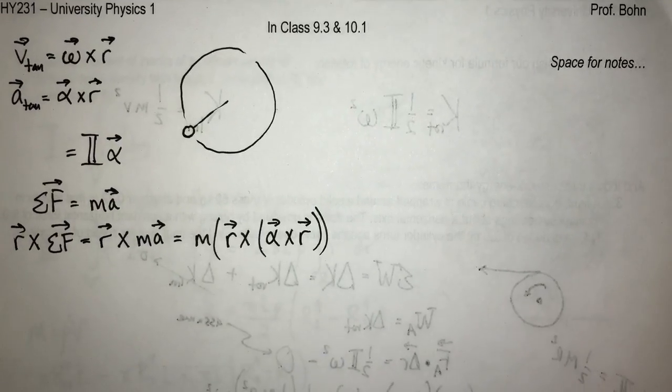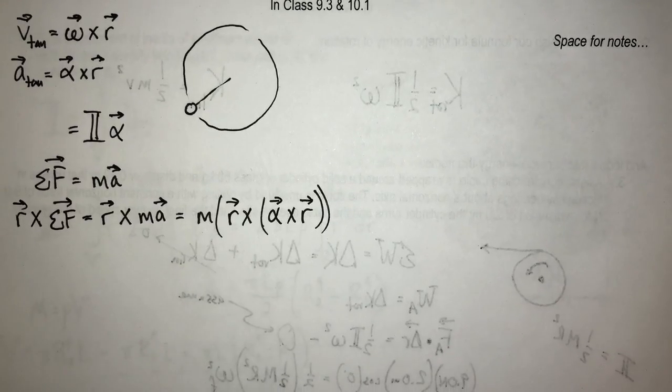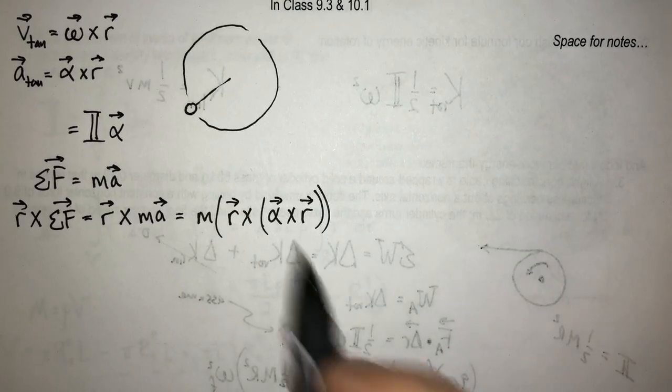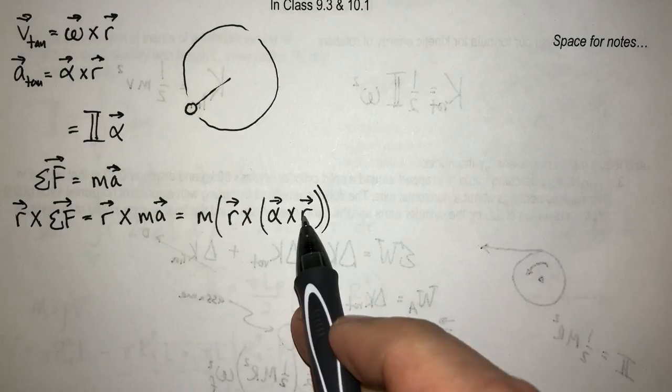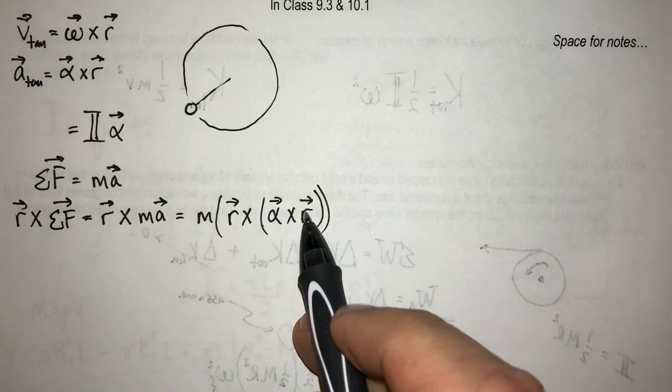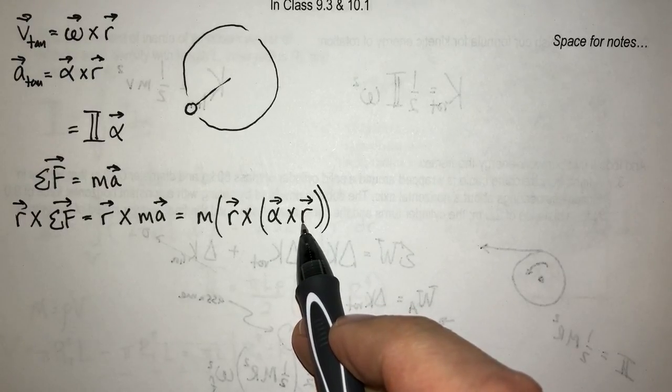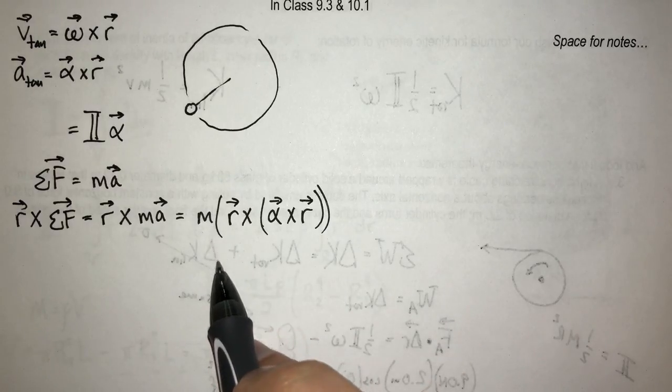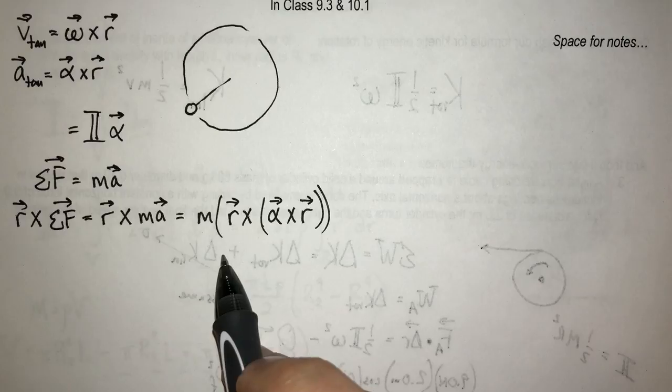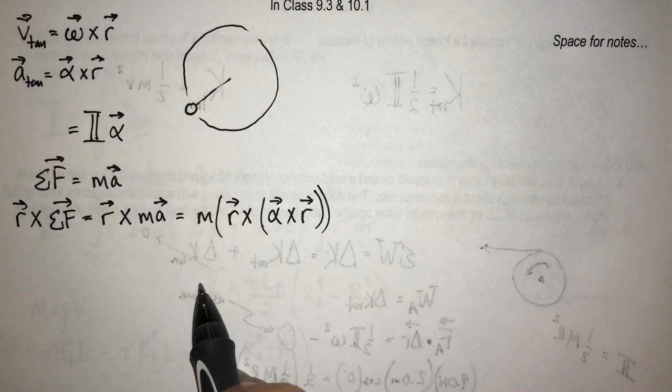Now, if you're curious, this vector triple product, there's an identity that relates that to something a little bit more useful. And there's various proofs that you can find online. But for the sake of argument and expediency, I'm going to ask you just to trust me.